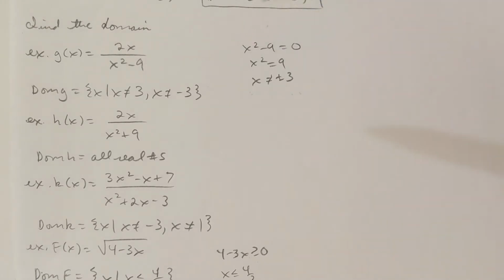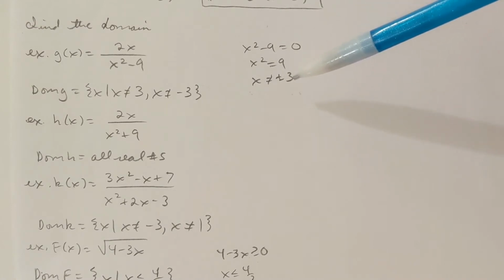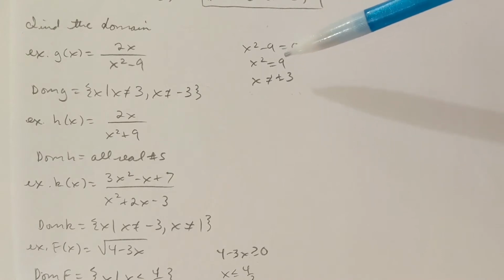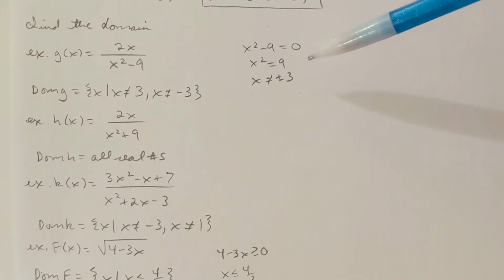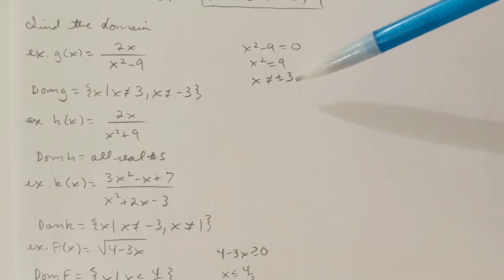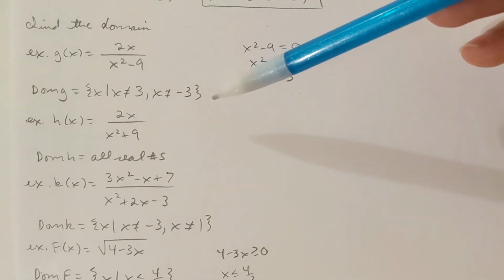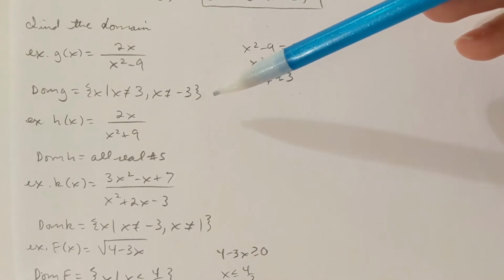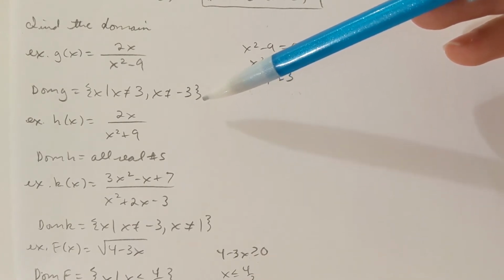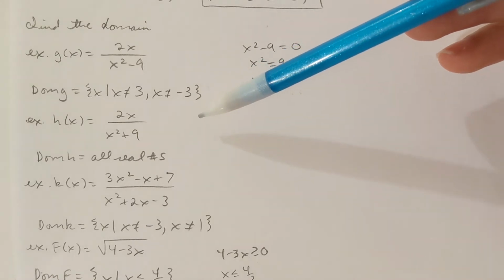Okay, well, I know I can't divide by 0, so in the denominator, I'd want to set the expression equal to 0 and solve. X squared minus 9 equals 0 means that x equals plus or minus 3. Okay, and that's what I don't want. The domain is the set of all x such that x is not equal to 3 and x is not equal to negative 3.